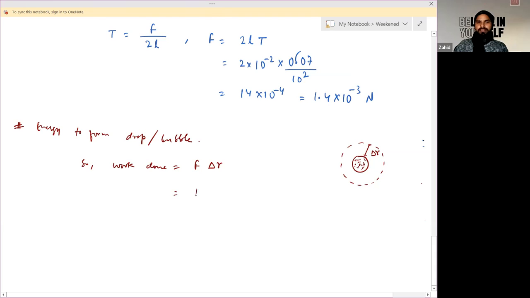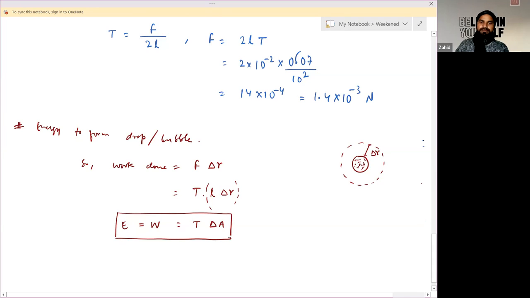Force is surface tension into length times delta r. Length into breadth is called area. So you may write it as T delta A equals work done, or energy. Is it clear?